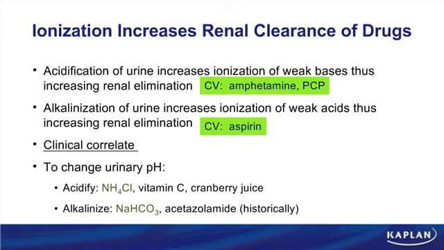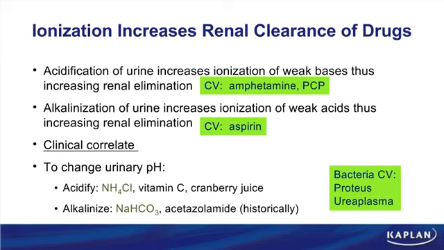If you look in the bottom right corner of my slide, here's what I call a bacterial clinical vignette. It really doesn't have anything specifically to do with drug overdose. What it's got to do with is the fact that certain bacteria can change the pH of the urine. You've learned this in micro, that organisms like Proteus and ureaplasma are organisms that can alkalinize the urine.